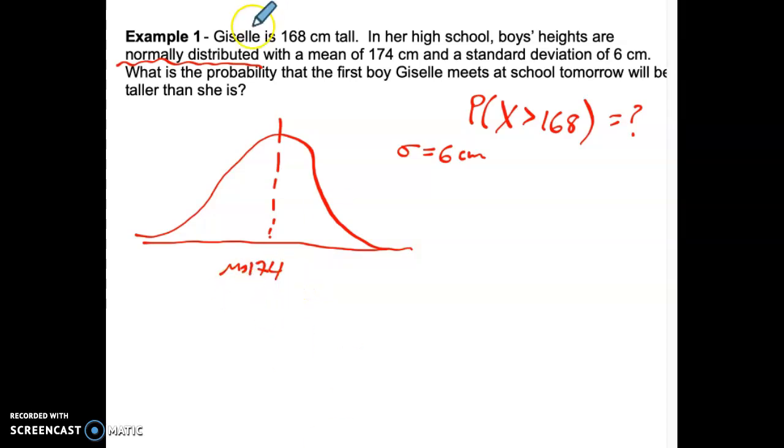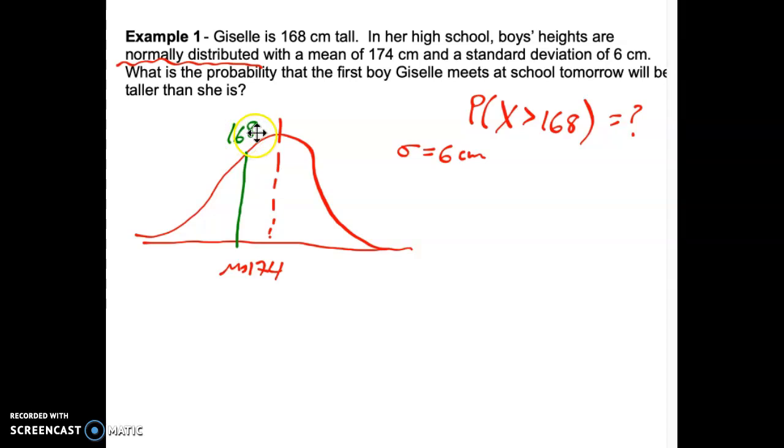So, to solve this question, Giselle is 168 centimeters tall, so she's going to be just on this side of it. And we're trying to find the probability that we are on the right side of that green line. So all of this.